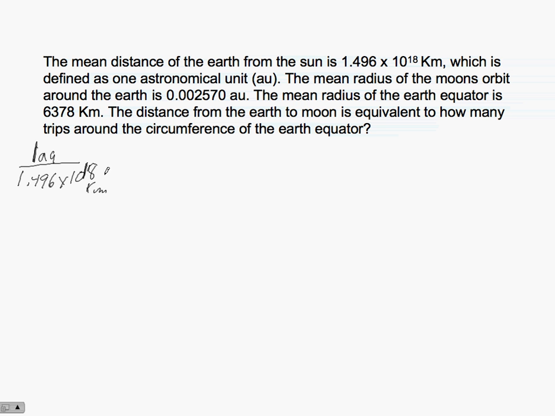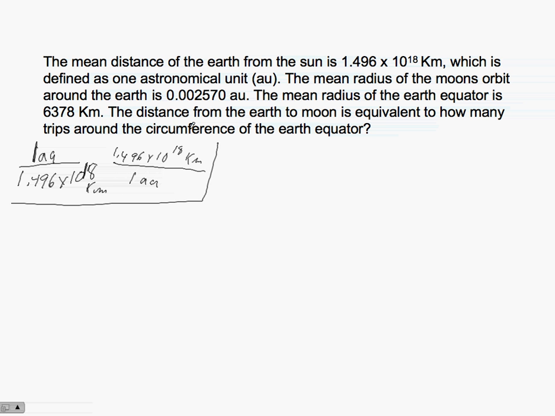Or we can have the opposite of this, which would be 1.496 times 10 to the 18th kilometers is equal to 1 astronomical unit. So those are the two conversions that we have.